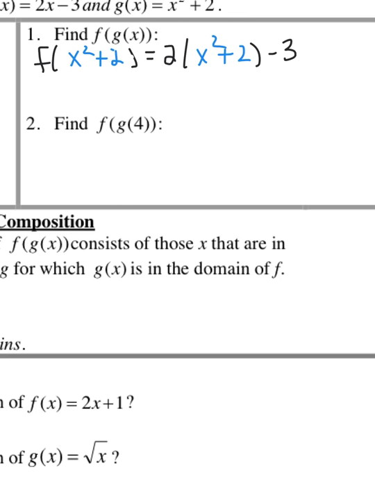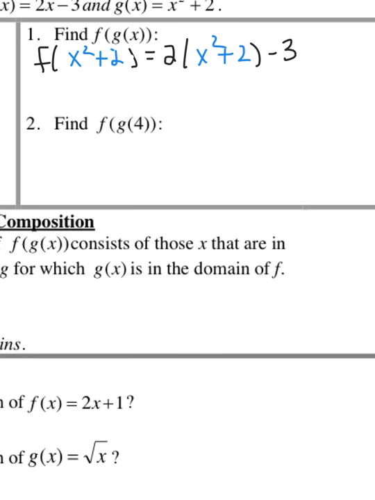Okay, the second way we could do this: I'm going to take my g of x function, which is x squared plus 2, and plug that in for x in my f of x function, which is 2x minus 3. So I've taken this x squared plus 2 and plugged it into f of x here and here.